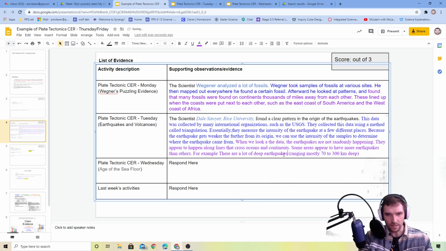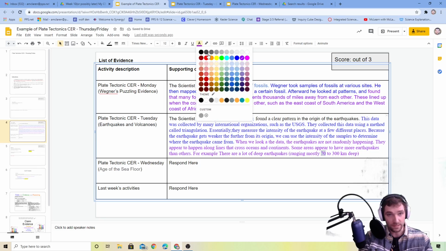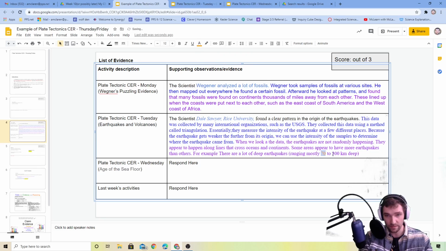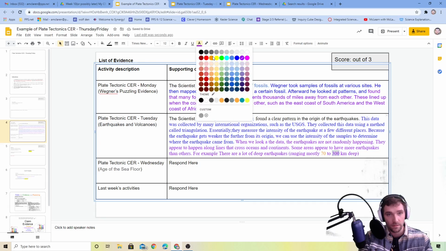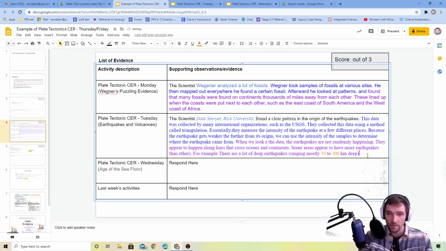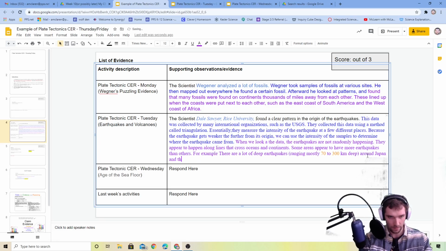So I'd say there's a lot of deep earthquakes, and these are particular units that were measurements, so we should include that. So there were a lot of deep earthquakes around Japan and the Philippines. Is that how you spell it? I always have a hard time with that one. Yeah, there we go.